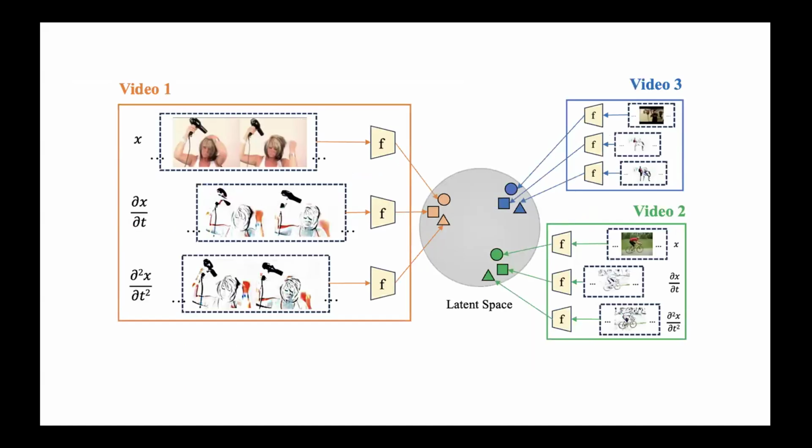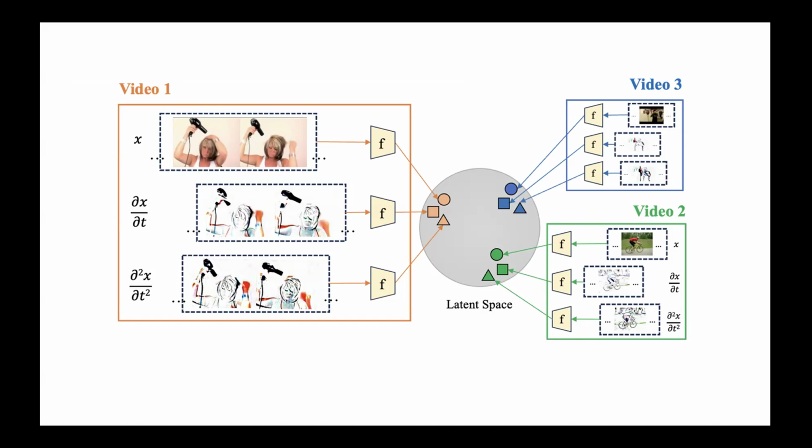So then we did this for image recognition. We have different videos, which I call X. We look at the first order derivative over time, looking at the derivative at different time frames, as the second view, and the original video frames is the first view, and the second order derivative as the third view.